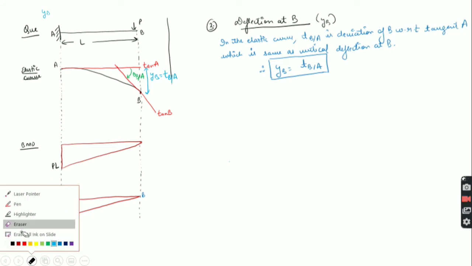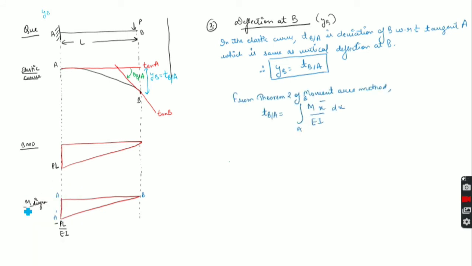Now from theorem 2, we know that this TBA can be determined by using this equation. See how we proceed. We want to find out YB, so first we want to relate it to our theorem. The moment area method does not always say that theta B will be this or YB will be this.